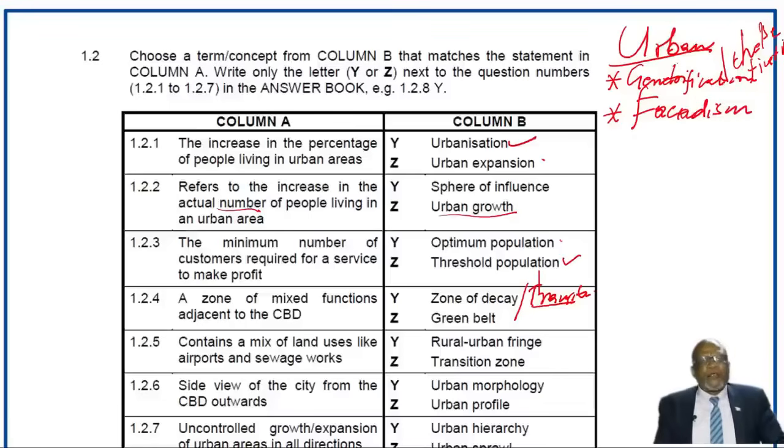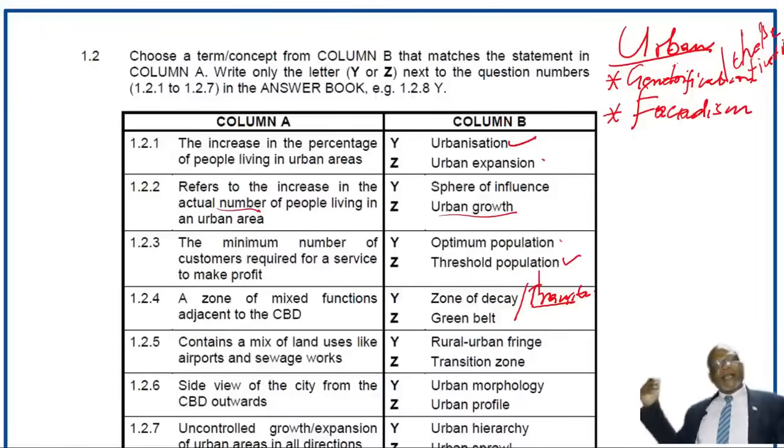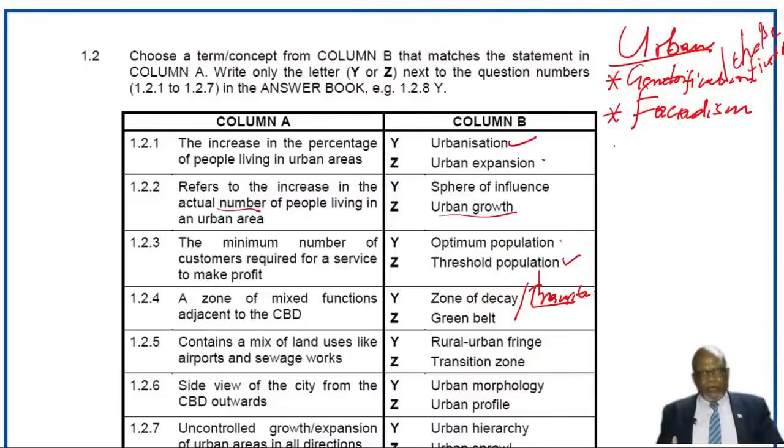But with facadism, the face of the building is preserved because it has some sentimental value to the owners. Only the rear part of the building, the part at the back, is renovated and improved on, but the face of the building is maintained. That process we call facadism.